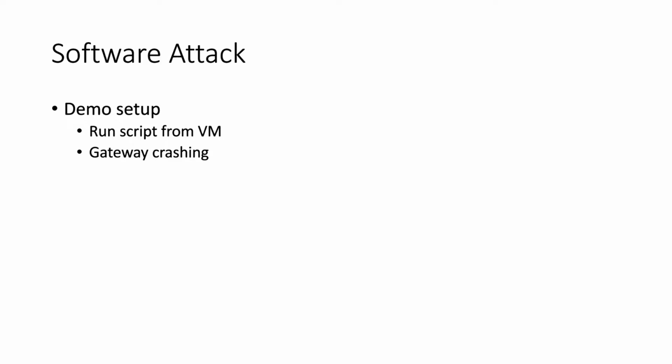I'll demonstrate it with the application server. You'll see that it stops working and isn't able to run anymore, and the web interface for ChirpStack will also crash. So this whole gateway will be brought down just because this script is running. So let's go ahead and go to that demo.